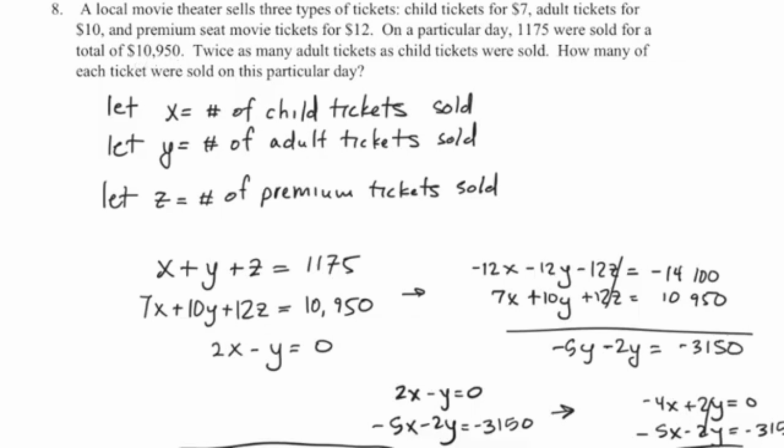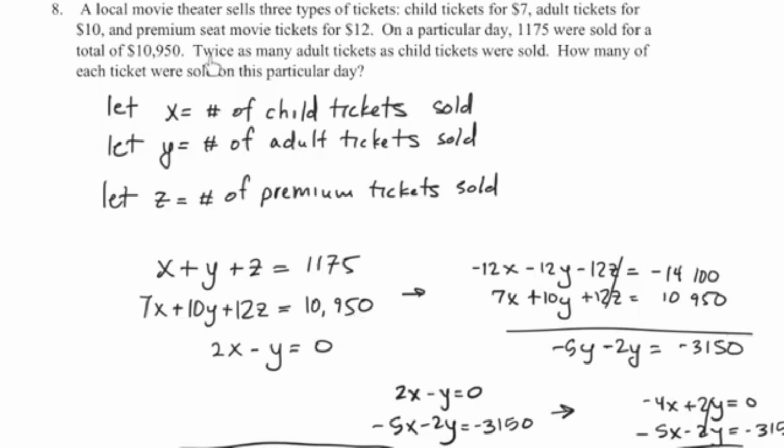So the equation could be $7 multiplied by the number of child tickets, which is the money brought in by child tickets, plus $10 multiplied by the number of adult tickets, 10y, plus $12 times the number of premium tickets sold. So this is our second equation: 7x plus 10y plus 12z, the money from each ticket type, totaling $10,950.